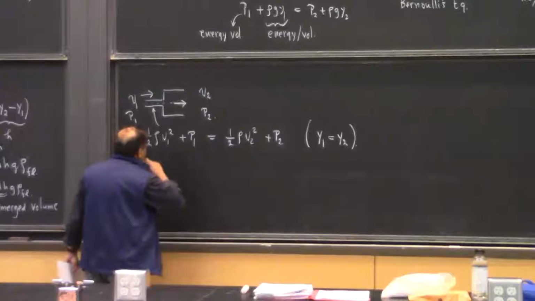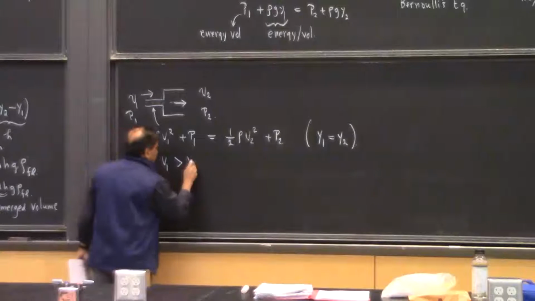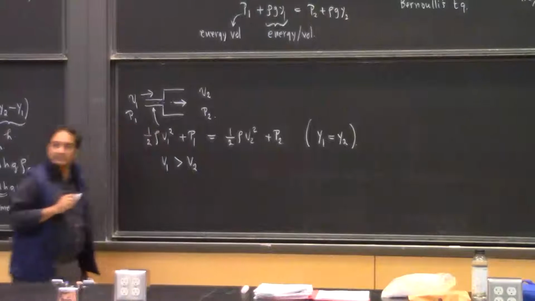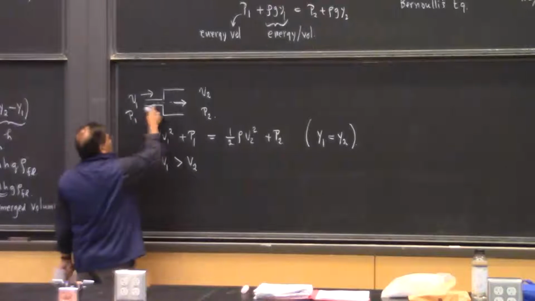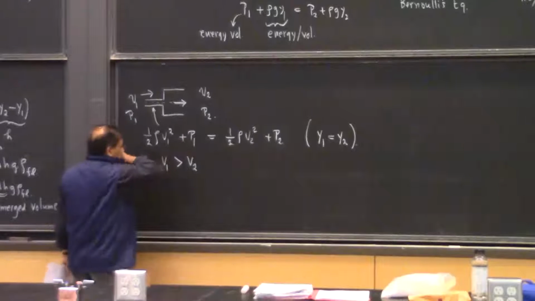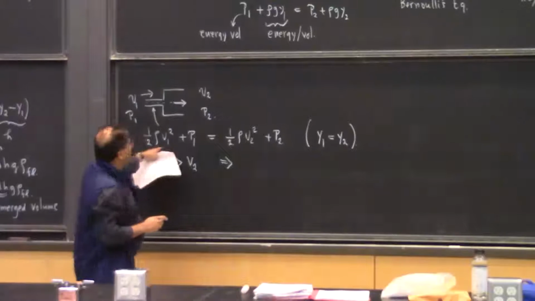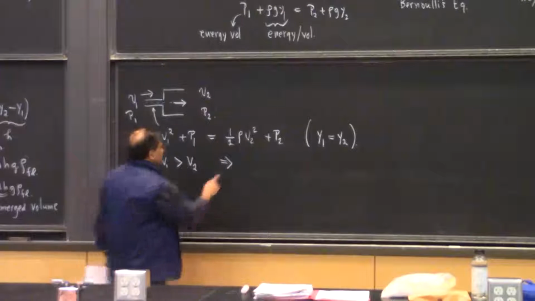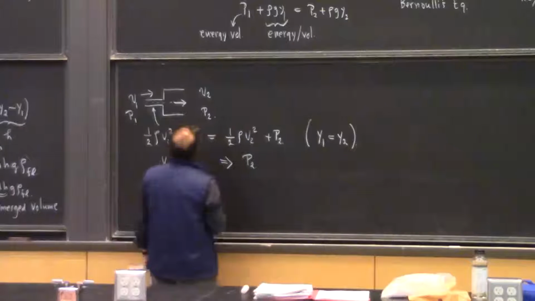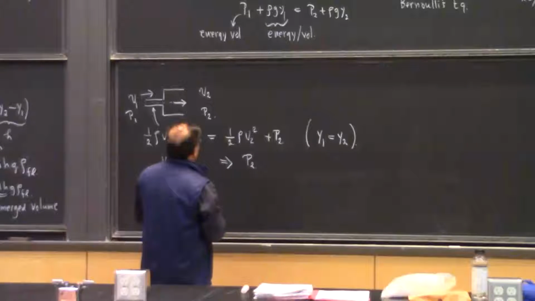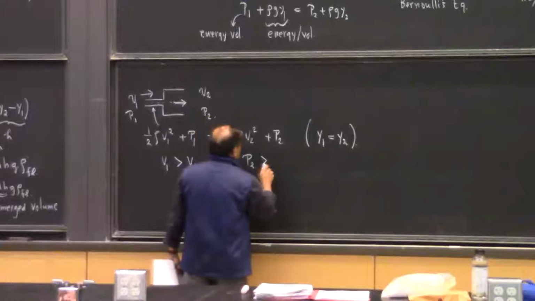Suppose V1 is larger than V2. That necessarily implies that to compensate and make the equality hold, since V2 is smaller, P2 is larger than P1.